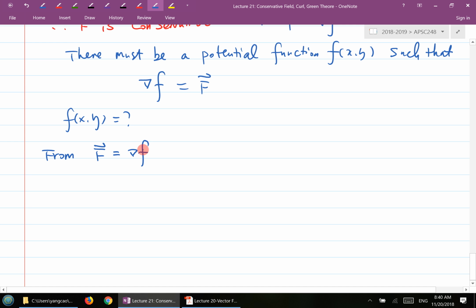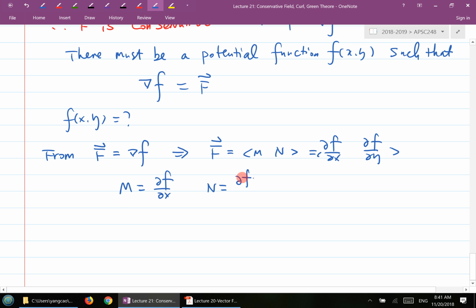From this condition, that F comes from this gradient operation, what we can immediately know is the connection between the vector function and the gradient results of the scalar function. In other words, your M must be this partial derivative, and your N must be this partial derivative.